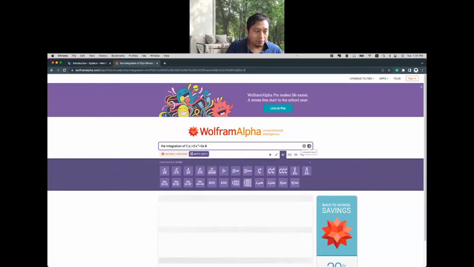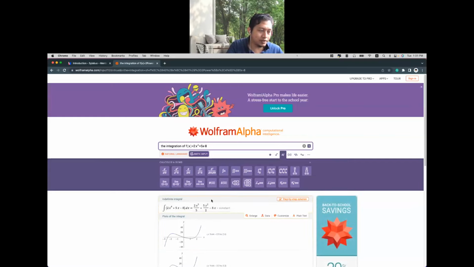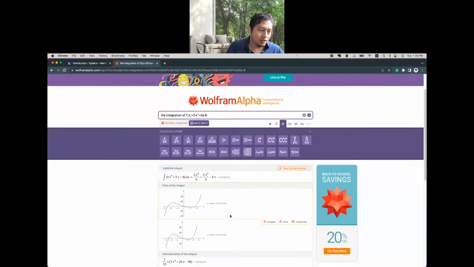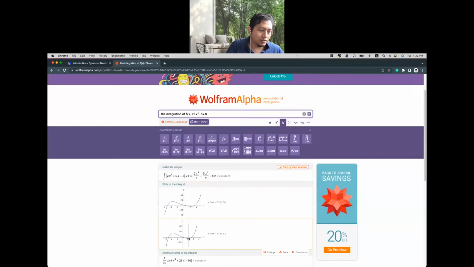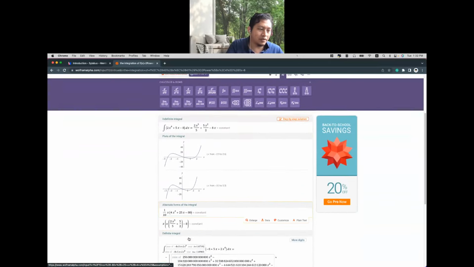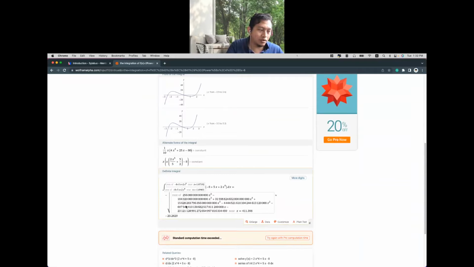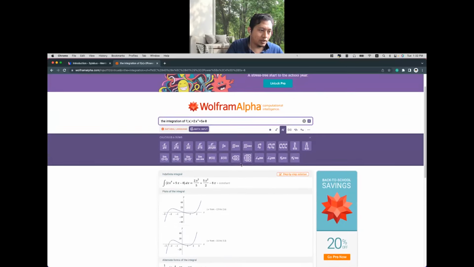Let's see if the computer understands. And I think the computer understands what my question is. So they give this result and also they give the plots. And then they give also the approximation if you are taking the definite integral.